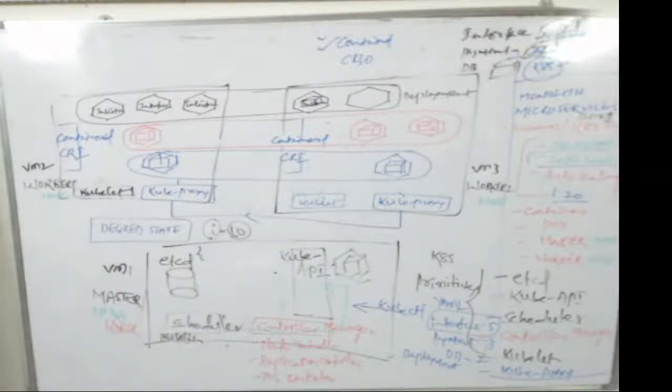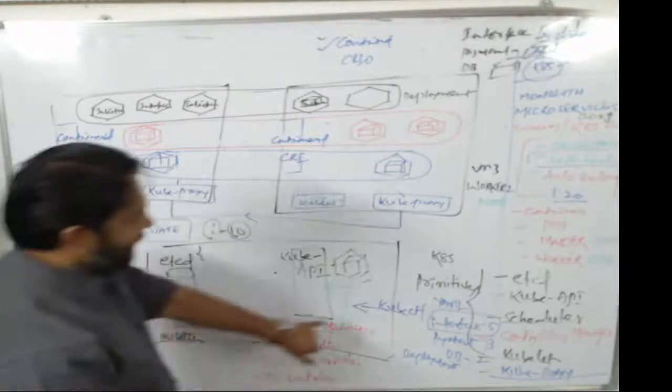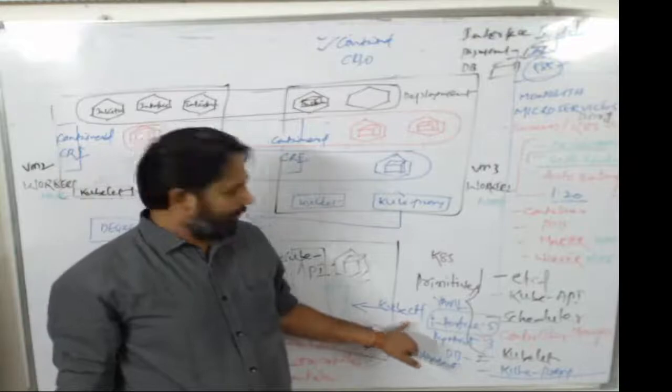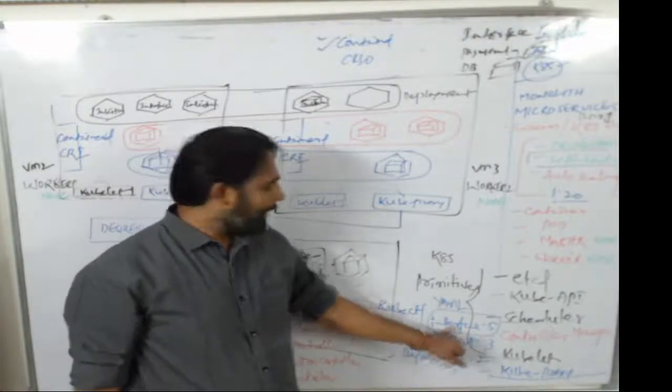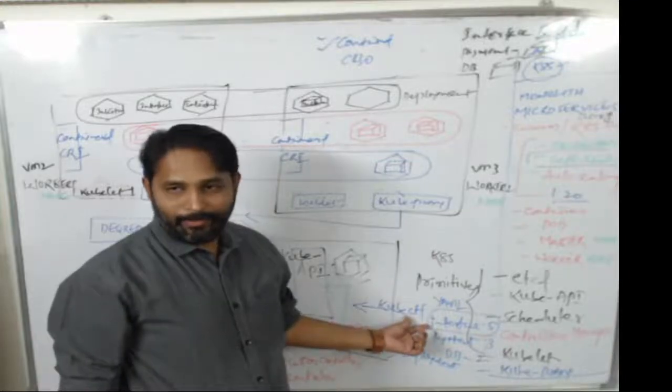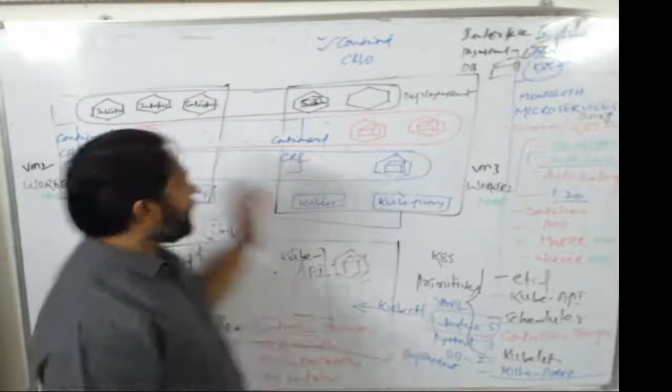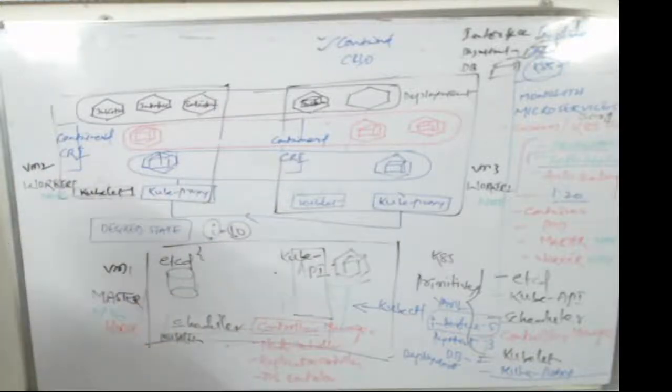A deployment is a group of pods. So when you say through kubectl that you want 5 pods interface, you are basically doing a deployment of the pods. So a deployment of pods exists on your worker nodes.